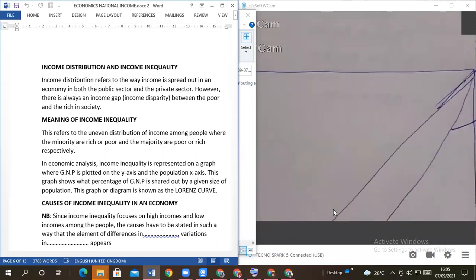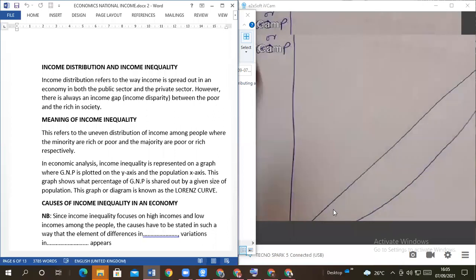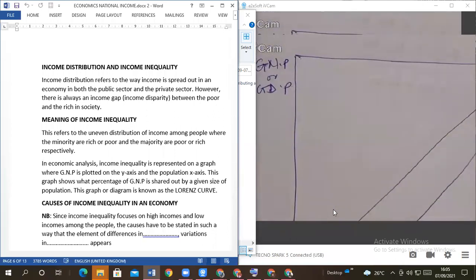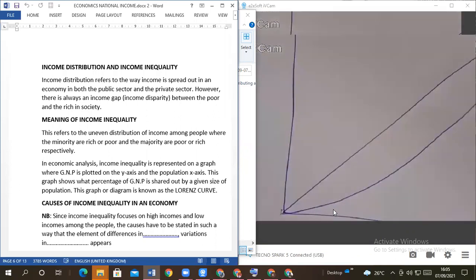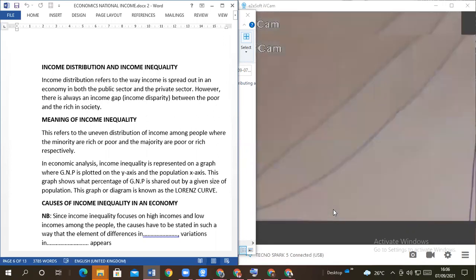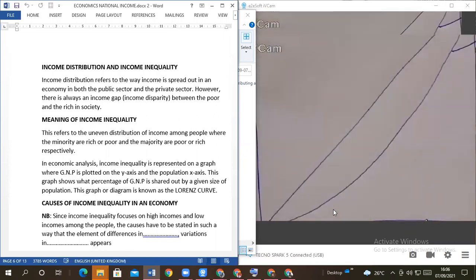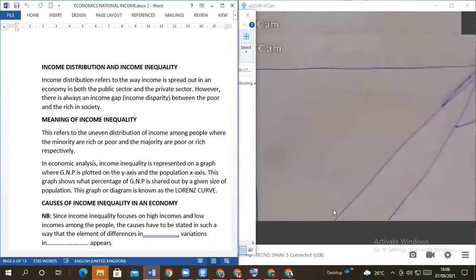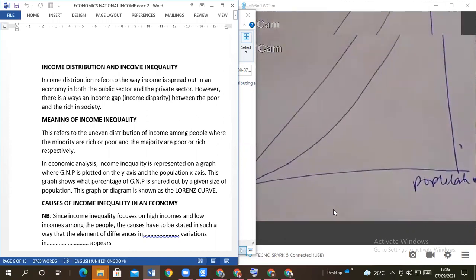When you move to the books, you are going to see it represented in that order. On the vertical axis, you have GDP or GNP, which is national income, and on the horizontal axis, you have population. So that is how income inequality is illustrated. I've drawn a bigger diagram, but that is how it looks. When you go to the textbooks, you see how the curve looks.